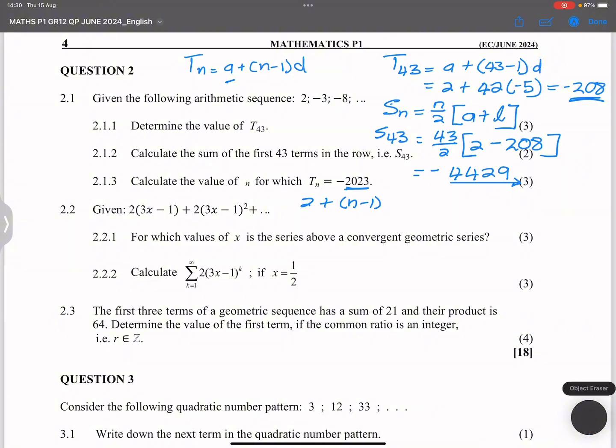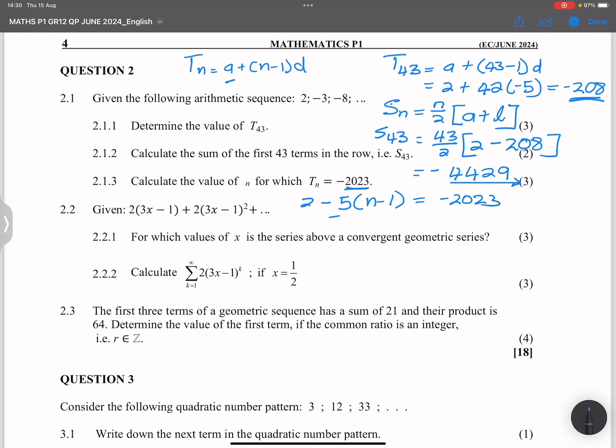If you don't mind, it's easier if I write it this way. That's 2 plus negative 5 into n minus 1 will give us negative 2023. Right, so let's try and solve that.